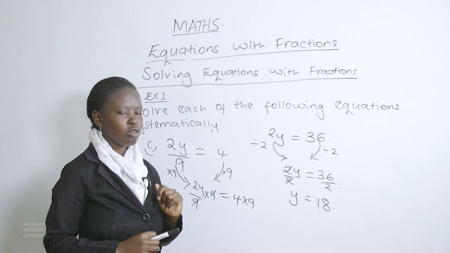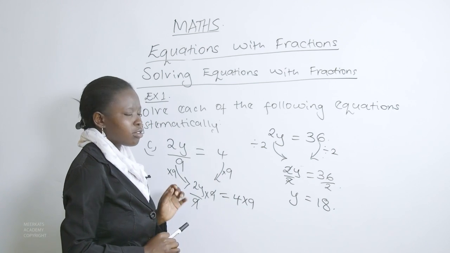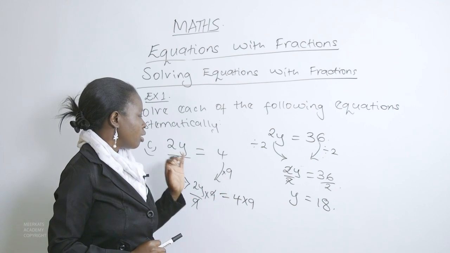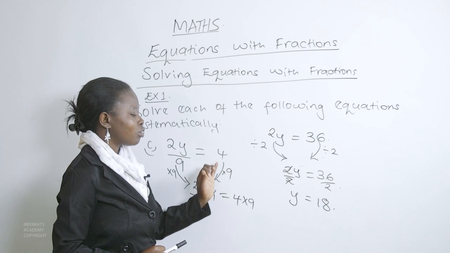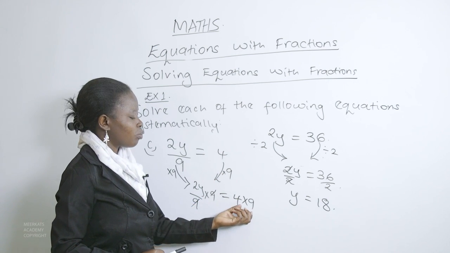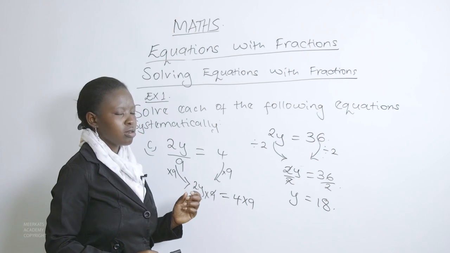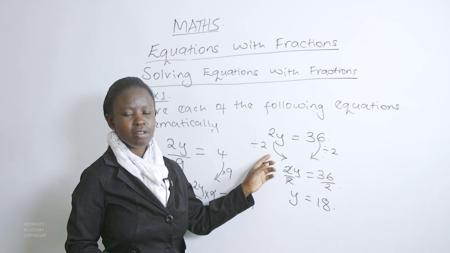So the systematic steps that are followed in order to solve this given equation, 2y over 9 is equal to 4, are these. The first step, multiply the left hand side by 9, multiply the right hand side by 9, so that you have 2y over 9 times 9 will be equal to 4 times 9. I've multiplied the left hand side, I've multiplied the right hand side. Then 9 and 9 cancel out, and that brings us to our second step.